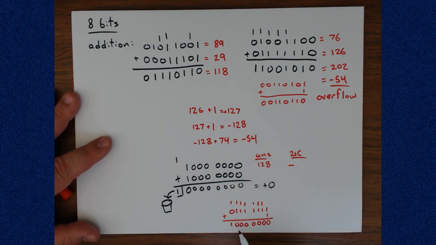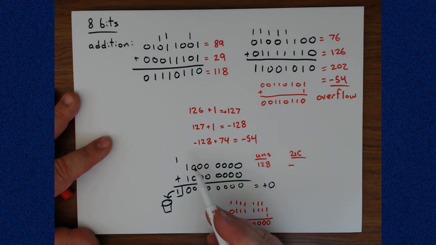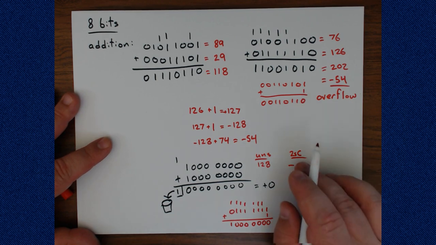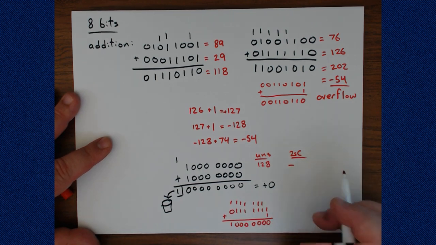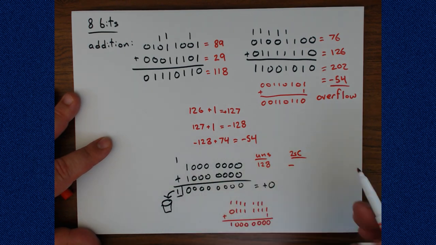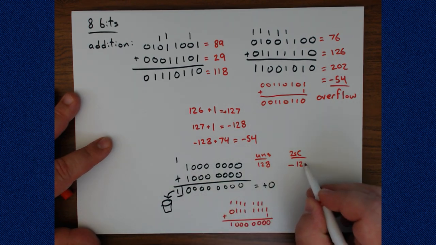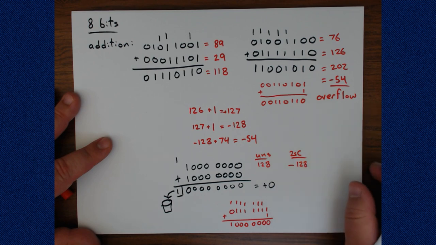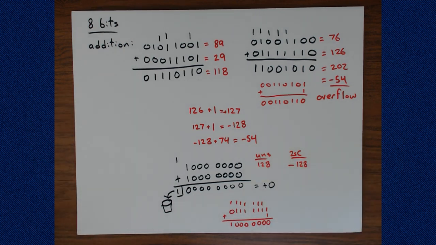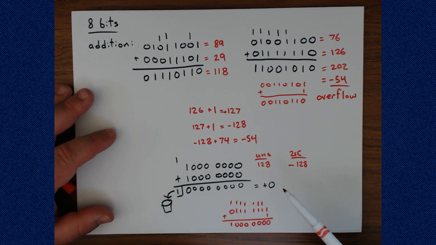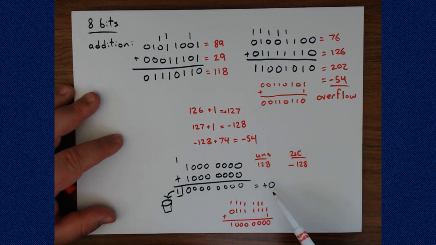But that doesn't mean we have to say, oh, now this is negative. Remember, we're just converting from here to some absolute unsigned value for the purpose of printing out in the human world what this means. And then this becomes the number 128, which means the original value was negative 128.